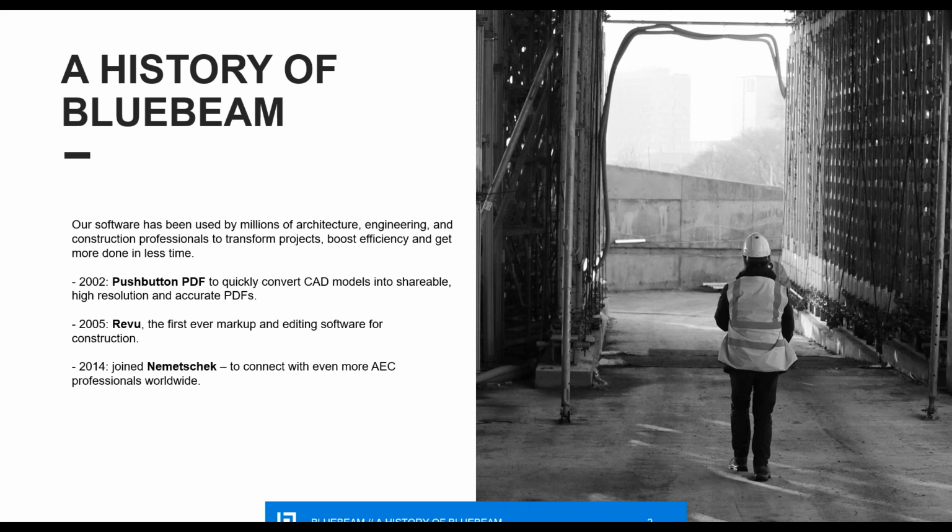A brief history: we were founded around 2002 as a spin-off from the JPL, Jet Propulsion Laboratories, NASA joint venture. We were working on the Mars Lunar Rover project, and we started off as a push-button integration to create very high-quality, vector-based, data-driven PDFs out of CAD and modeling authoring software to enable those PDFs to do more. In 2005, we started to introduce markup tools.